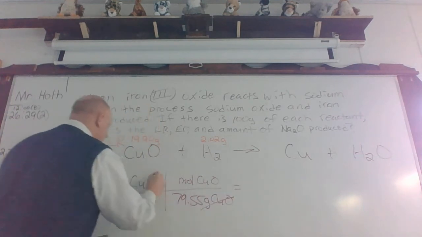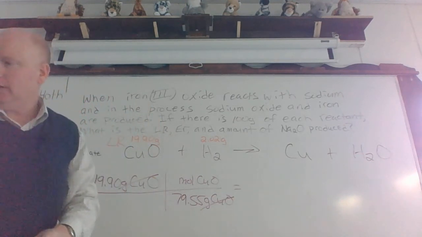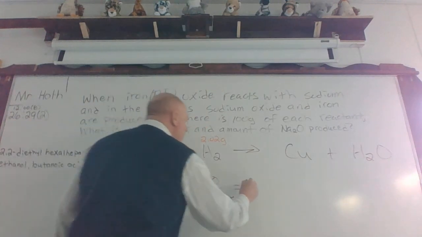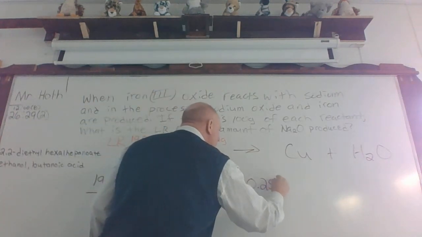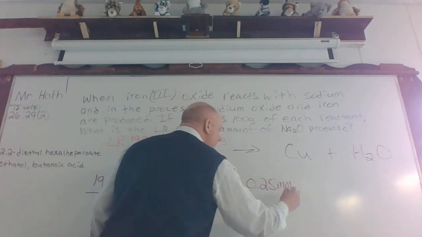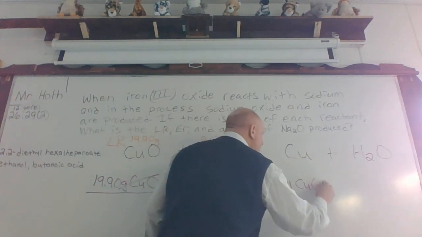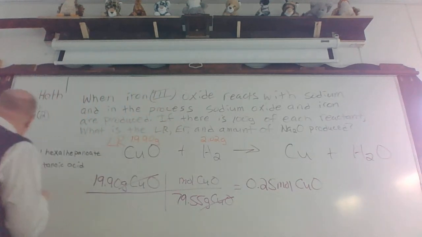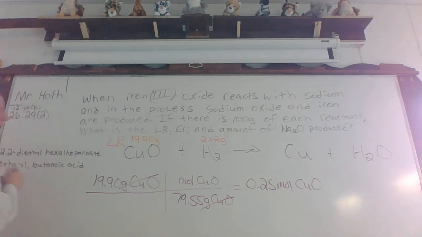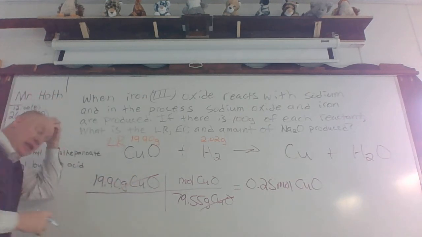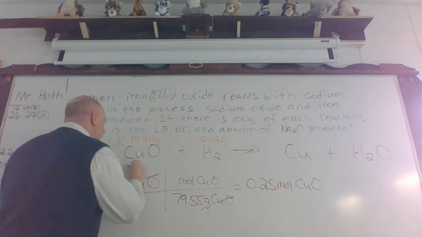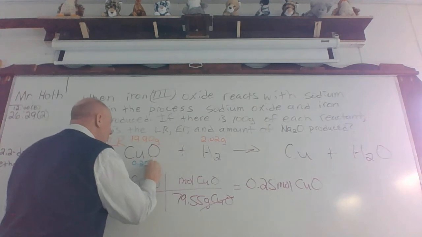So these have canceled. Now that we've got that in moles, which is approximately a quarter, would you agree? I just want to put that down here to show you this is what we actually have. It's easier to see if you're staying on this side of the equation when it's in moles. So we have 0.25 moles of that.